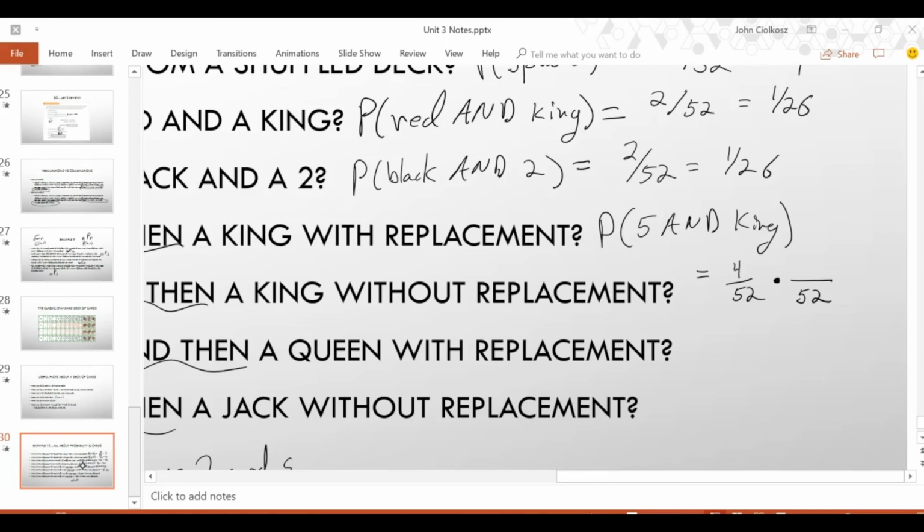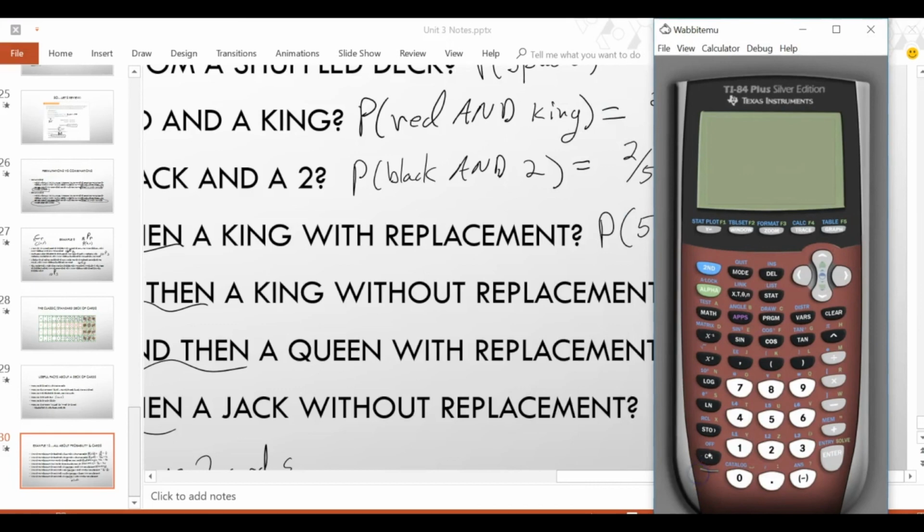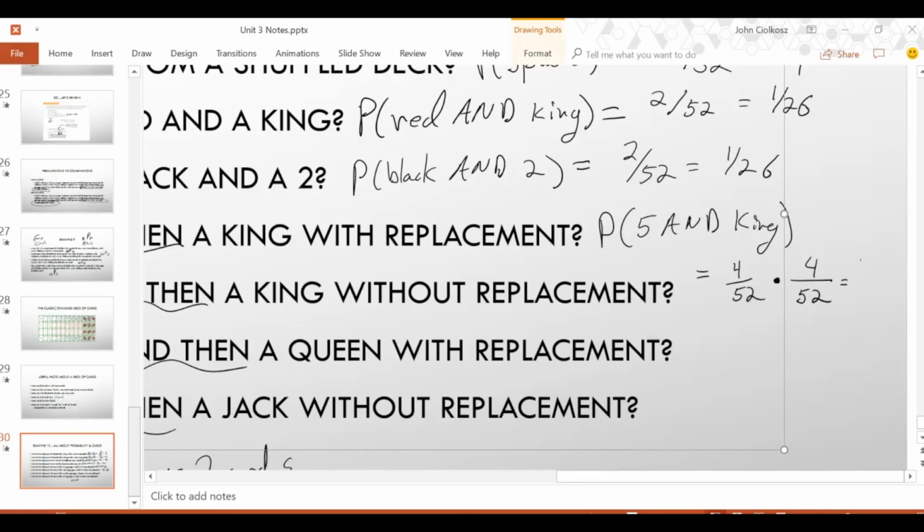How many of them are kings? 4. So we multiply. That'd be 16 out of, you probably know what this one is without thinking, 2704. So it'd be 16 out of 2704, which is going to simplify, but I'll leave that up to you guys to do in your free time. Again, highly unlikely, right? So not something I'd be betting on.